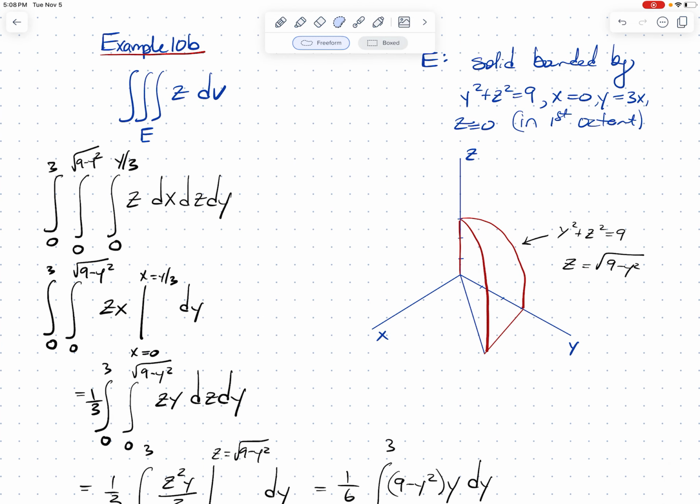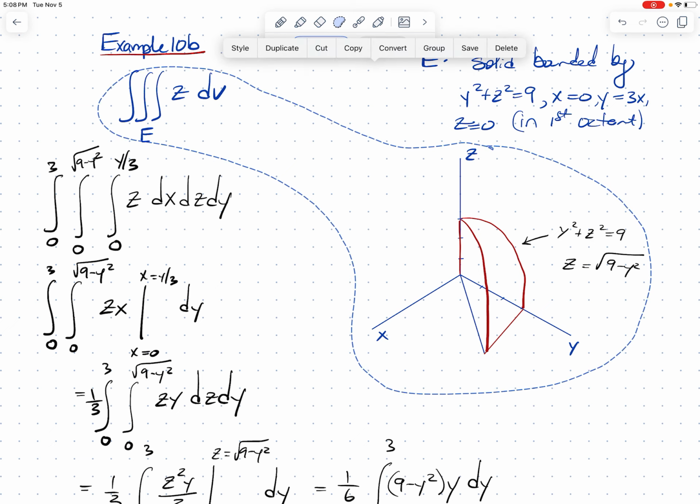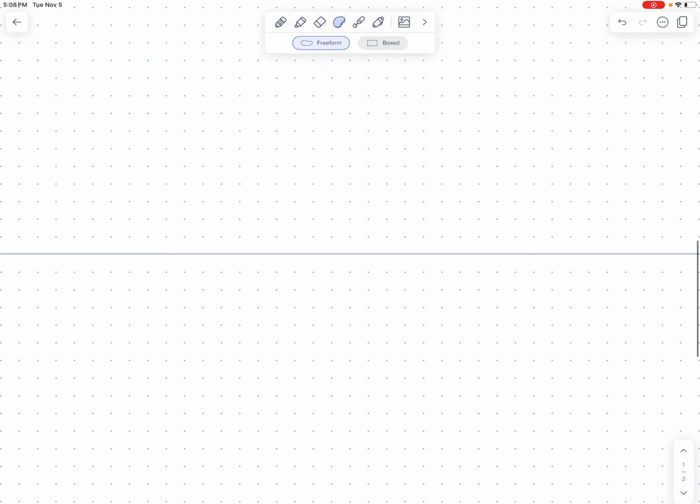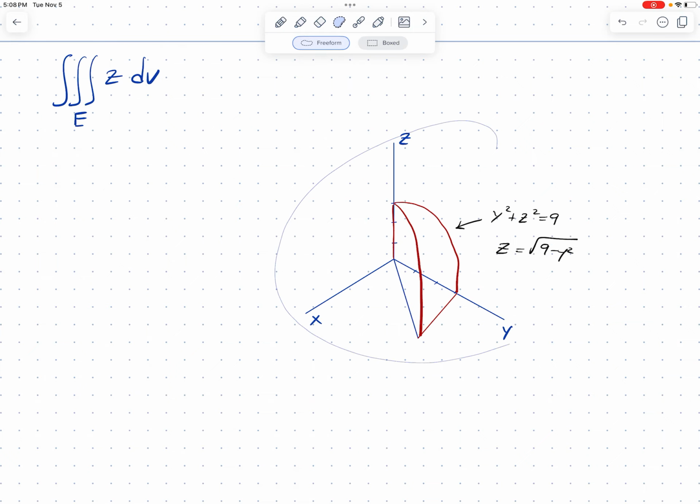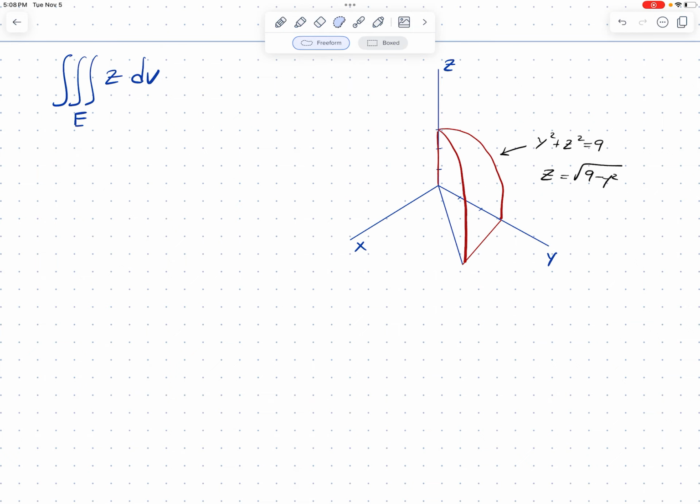I want to rewrite down, let's copy the problem in the picture as well. And I want to show you how you can use a modified version of cylindrical coordinates to solve this thing. I realize my symmetry is actually around the x-axis.